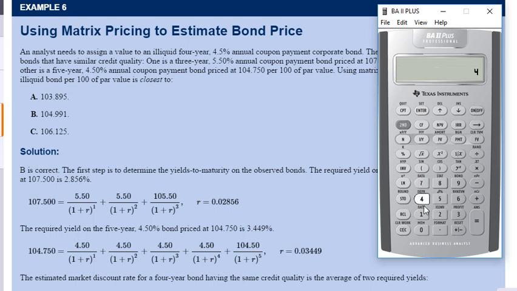The payment is going to be 4.5, and 100 on the future value. And we're going to compute the I/Y on that, and we're getting 3.449. So fine. Okay, so we've calculated the two yields on the two bonds that are similar.